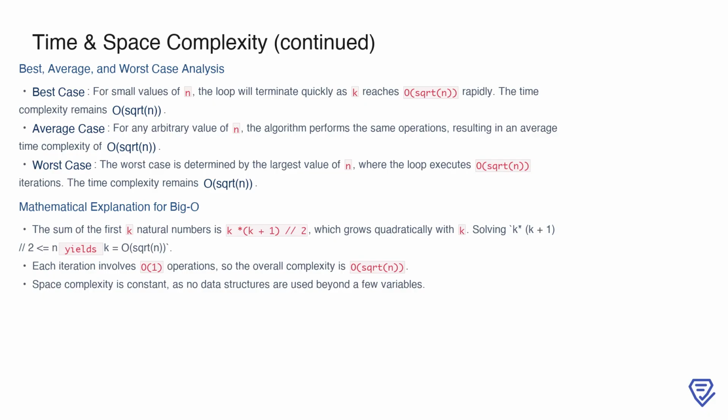This uniformity arises because the sum of the first k natural numbers grows quadratically, and solving the inequality k * (k + 1) / 2 equals n consistently yields k equals O(sqrt(n)). Since each iteration involves constant time operations, the overall complexity is O(sqrt(n)). Additionally, because no extra space is used beyond a few variables, the space complexity remains O(1).